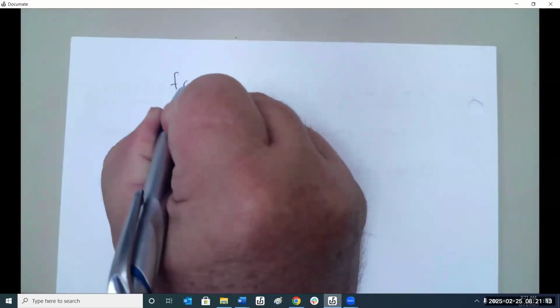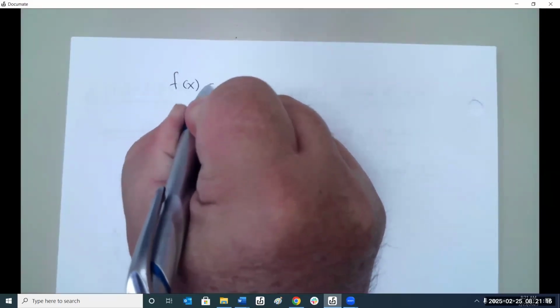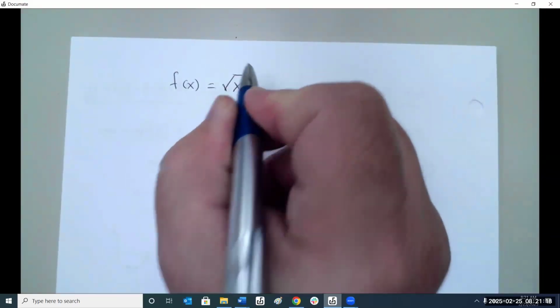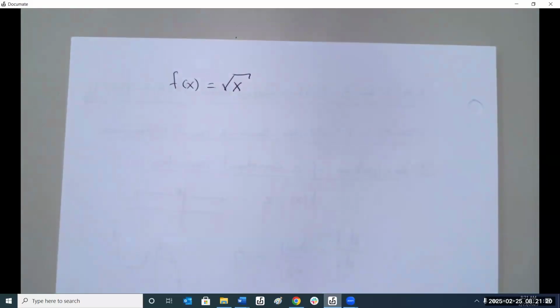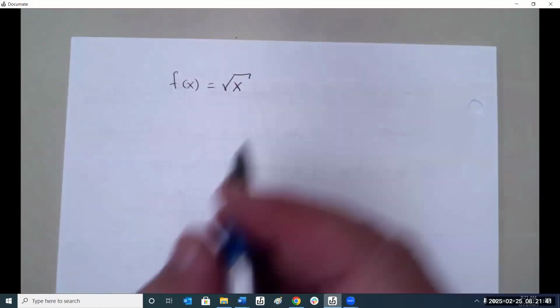Last week, we did the difference quotient of the square root of x. Can we use the power rule here? How? Very good.